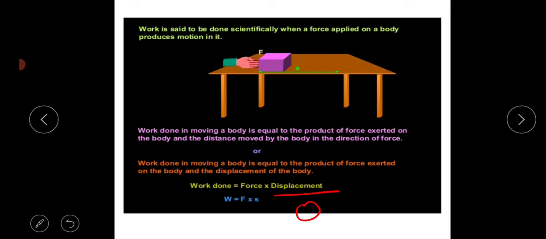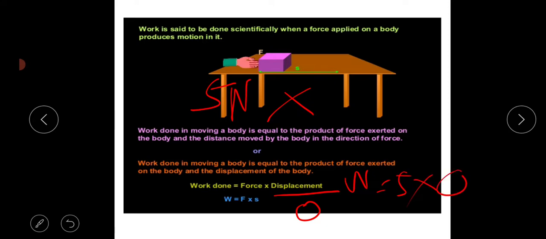So work done will be equal to force into 0, means 0. Suppose we are applying 5 Newton force on this box and this box doesn't move, then the work done on it will be equal to 5 into 0, right? So it will be equal to 0.